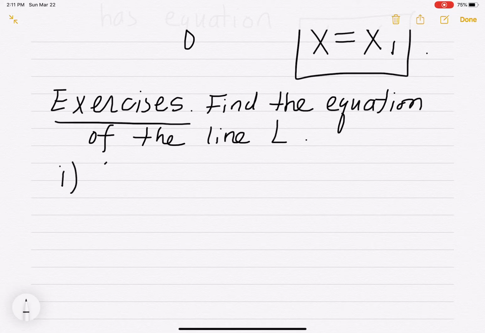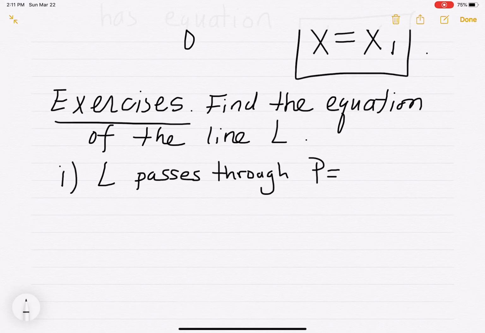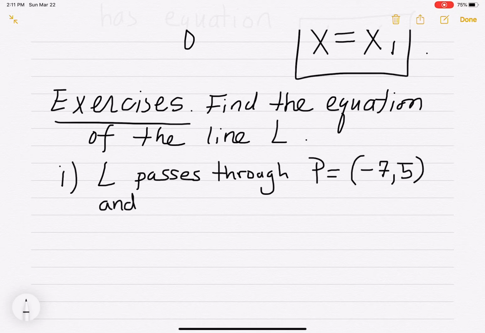Description of L: L passes through the point, let's call the point -7, 5, and has an undefined slope.